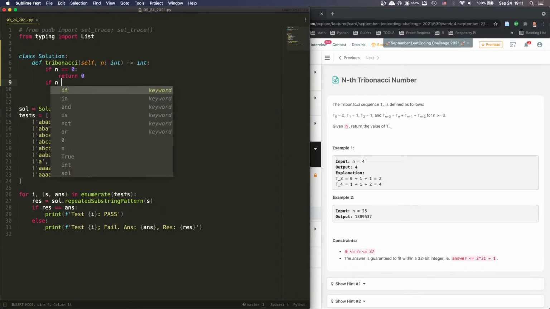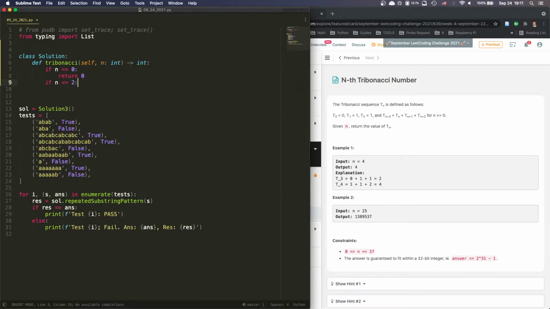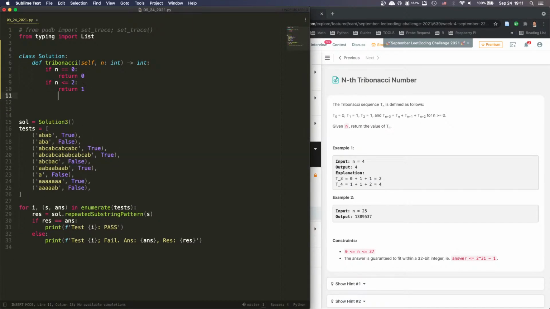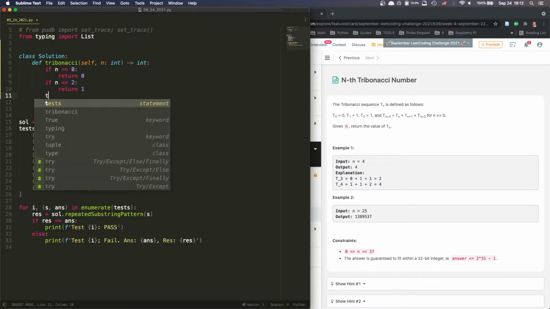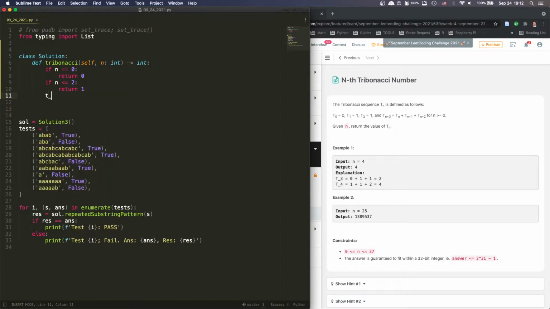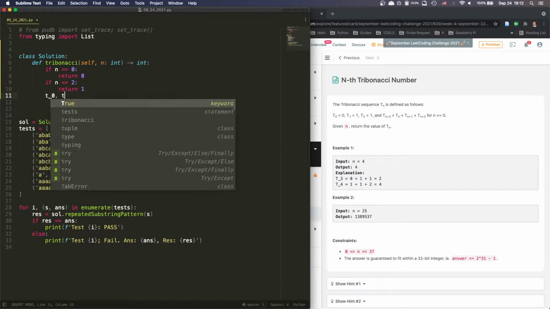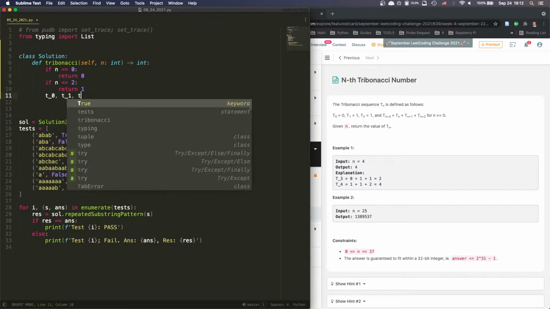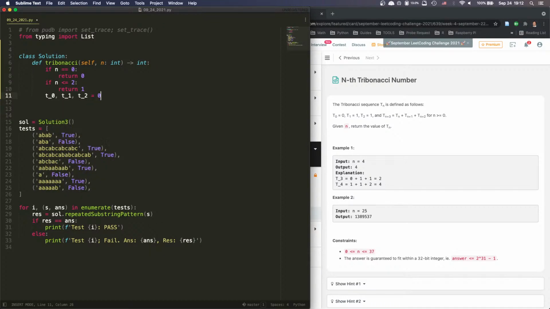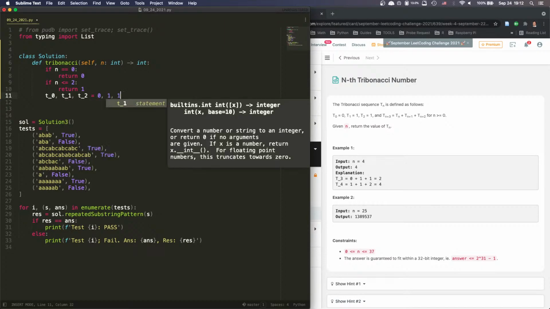If n is smaller or equal to 2, then we return 1. Now we have t0, t1, and t2 equal to 0, 1, and 1.